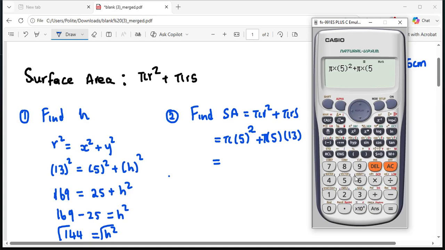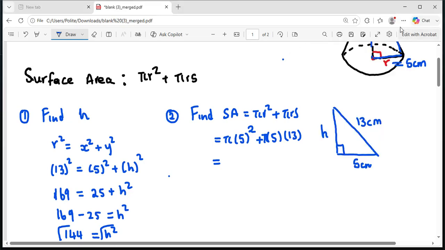You see, I forgot to write 5 squared, so I'm going to explain why it is important that we go back there. Oh, the other part doesn't have a squared. Okay, so all good. This is multiplied by 13, then close the bracket. This gives us 90 pi. If you press SD, that's 282.74.